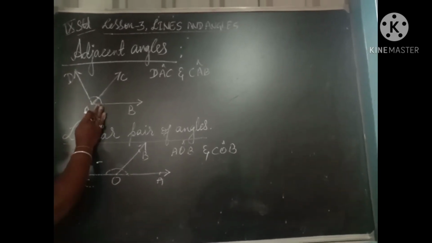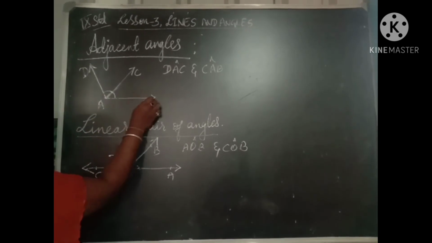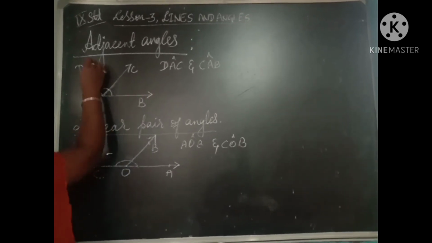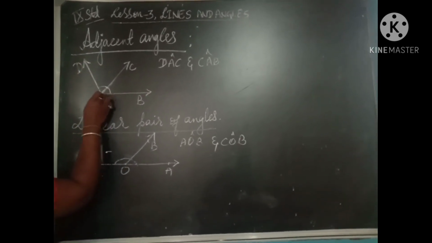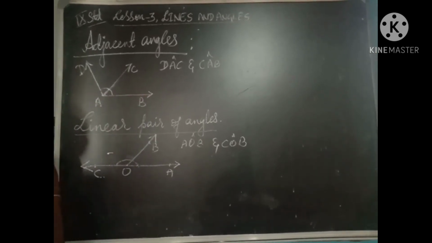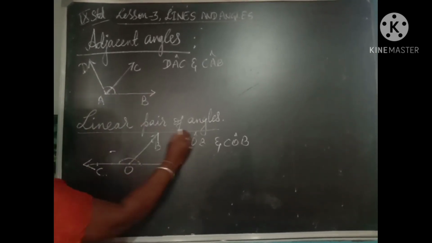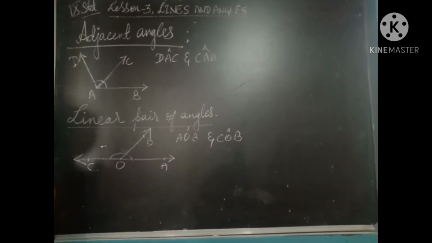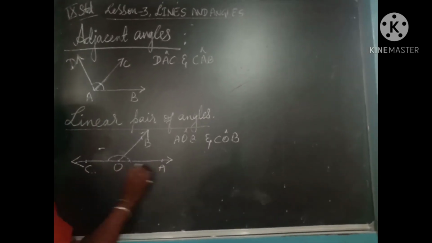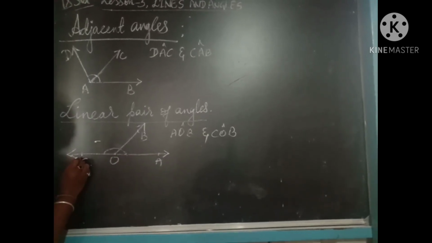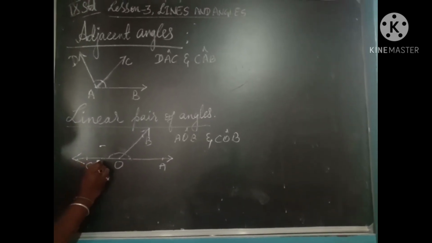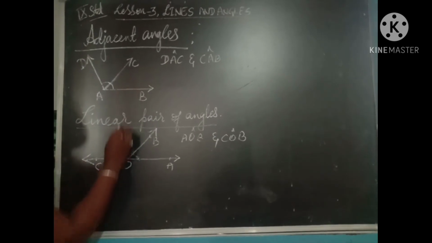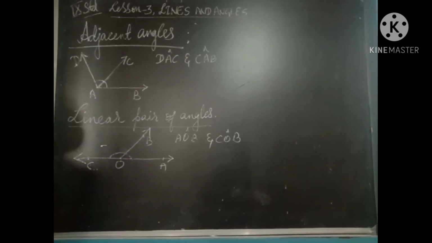In adjacent angles, the non-common arms are not lying on the line. But in a linear pair of angles, the non-common arms, CO and OA, are lying on the line. This is the main difference between adjacent angles and linear pair of angles.